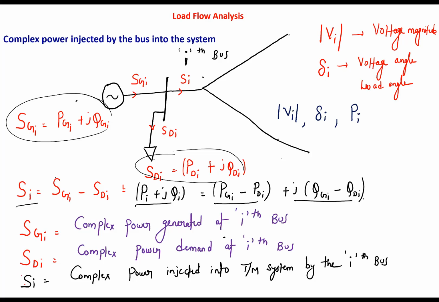Pi, the real power injected at the ith bus. Qi, the reactive power injected at the ith bus. Understand? So if you know all these four values, then your load flow problem is solved. At each and every bus, if you are in a position to tell the voltage magnitude, the voltage angle, the real power injected and the reactive power injected, then your load flow problem is solved.